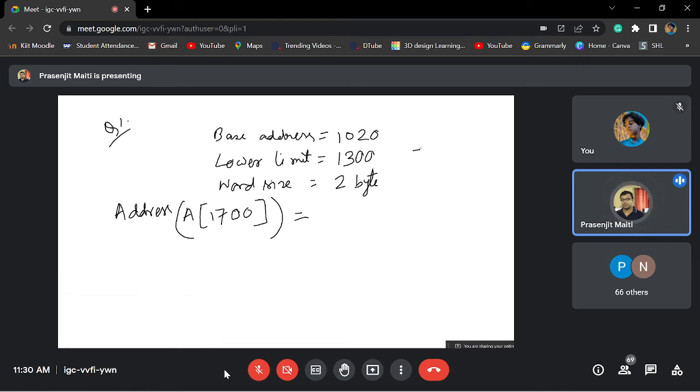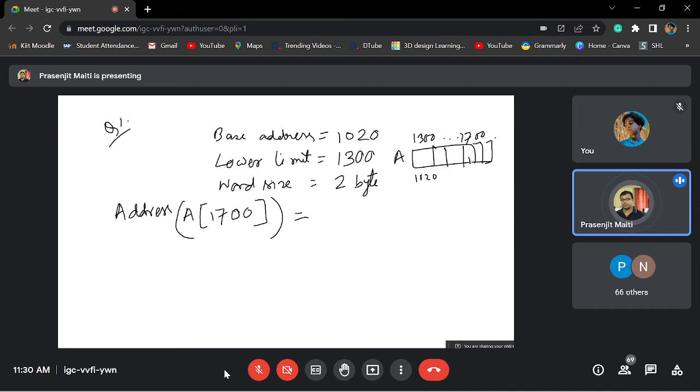Okay, my array is like this. Suppose the array name is A, the starting index is 1300 and the address is 1020. We want to find out the address of the 1700 location.